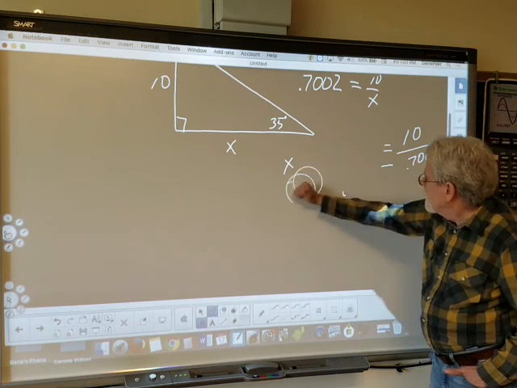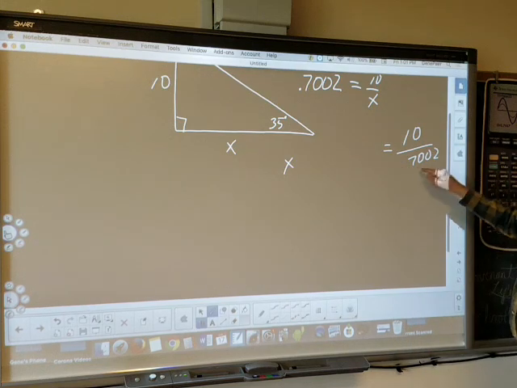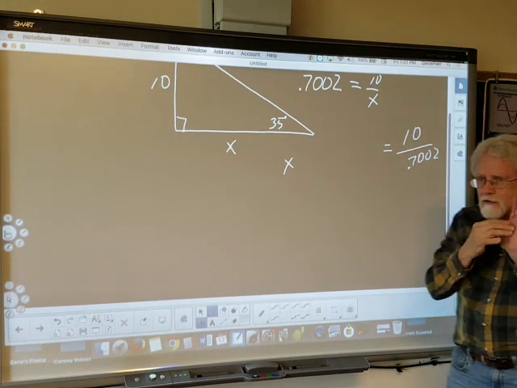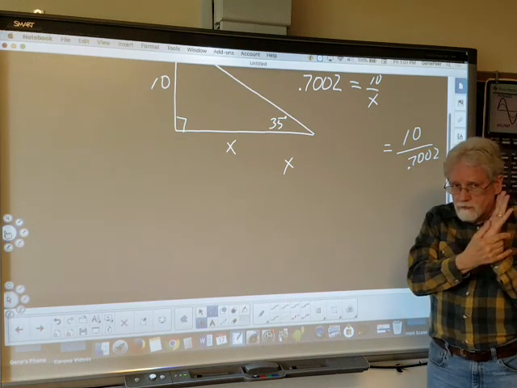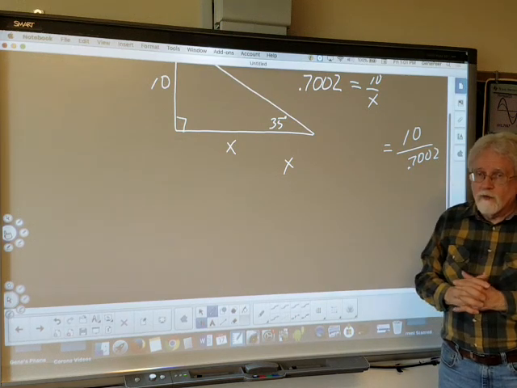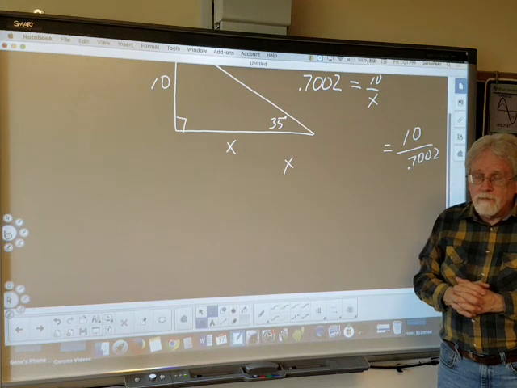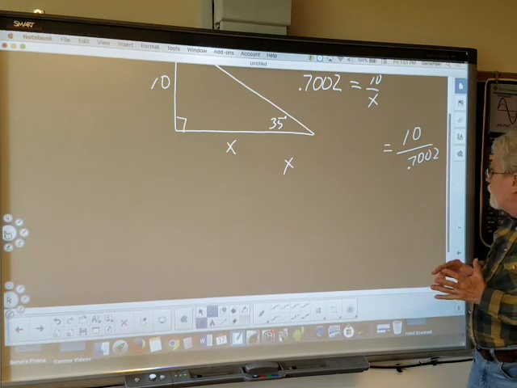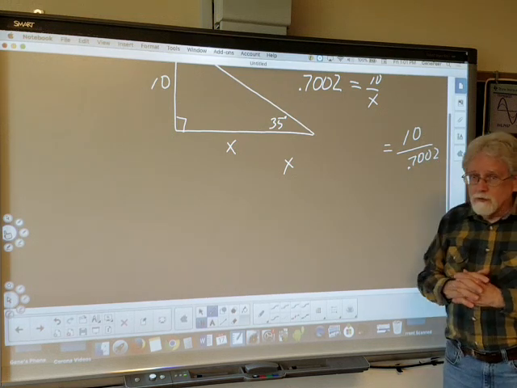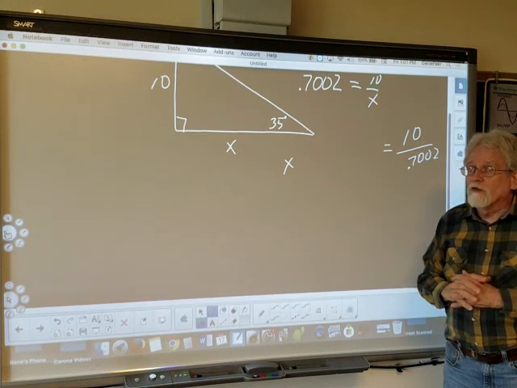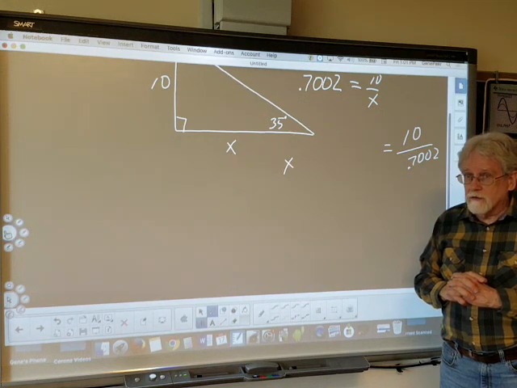These cancel, and I find out that x is 10 divided by 0.7002. Pull out the calculator and figure out 10 divided by 0.7002 and round your answer to one decimal place and you're done. No, it's not going to be 7.002. 10 divided by 0.7002 is going to be something else entirely. Use the calculator.